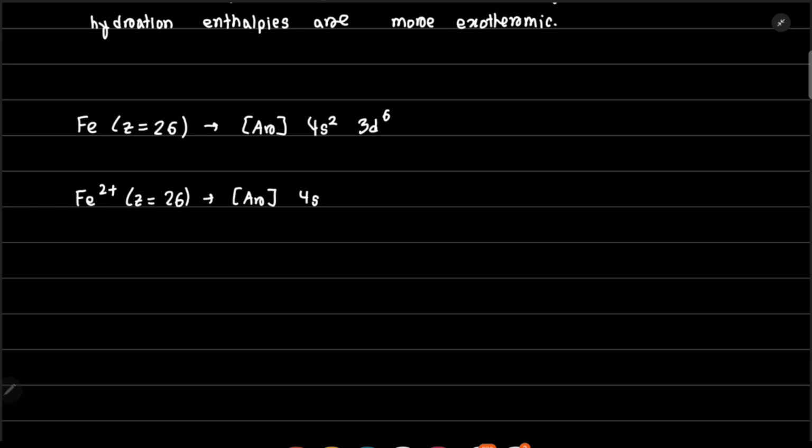So it will become 4s0 3d6. So we have 6 electrons in the 3d subshell. So this is a partially filled d orbital. Therefore it's a transition metal.